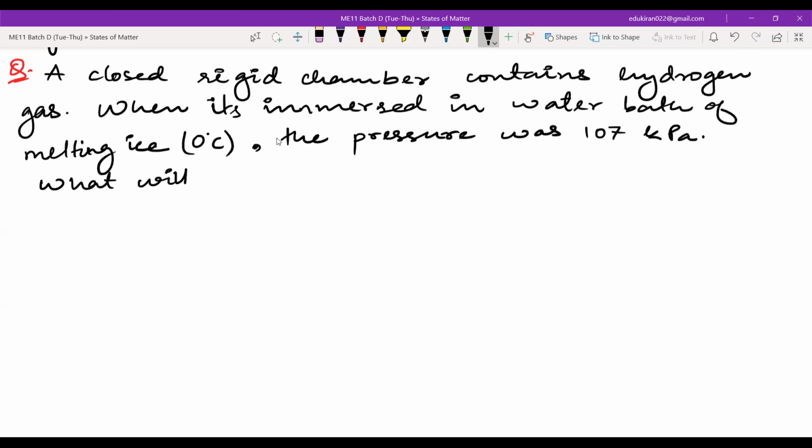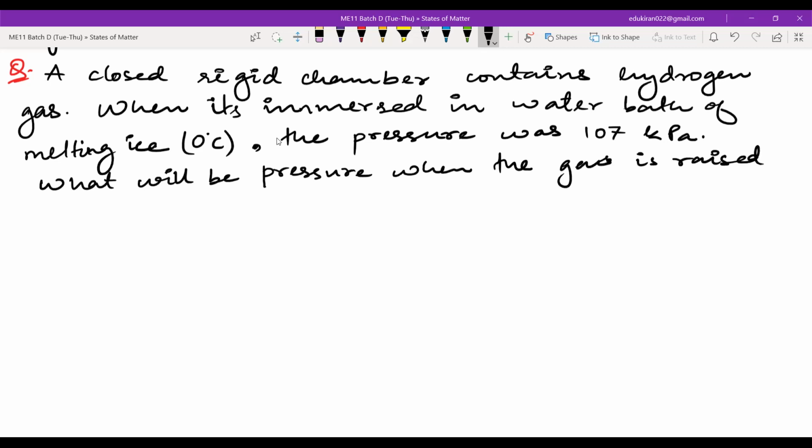What will be the pressure when the gas is raised to 100 degrees Celsius?